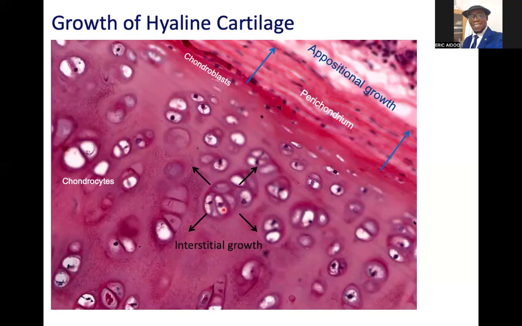And they will undergo interstitial growth, which means that they are free, they are not laying down on top of the other, they are free to expand radially, if you like. So that is interstitial growth, and it's also due to the hypertrophy that they undergo. So they enlarge, and then they grow to become old, and they are called chondrocytes. So they are mature cartilage cells.